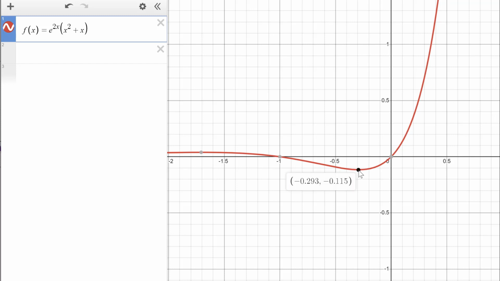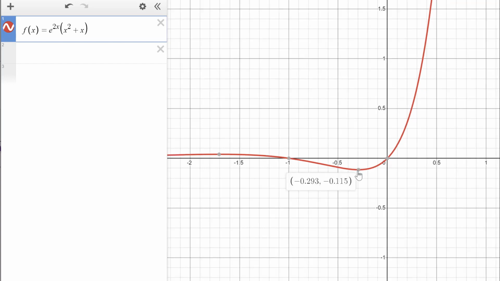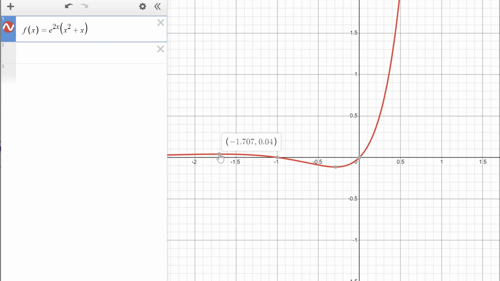That was a little bit hard to see from the window I started at. Another place that's important is that I found from my calculus work that there's a maximum value at about x equals negative 1.71 and y equals about 0.04. So in the beginning window that I looked at, I really couldn't see those places.